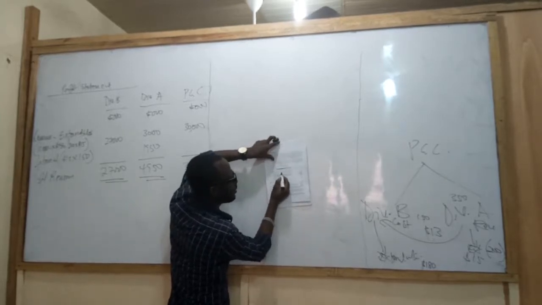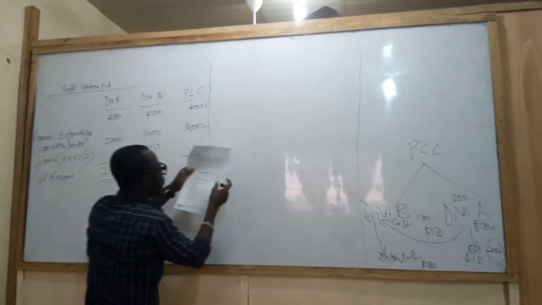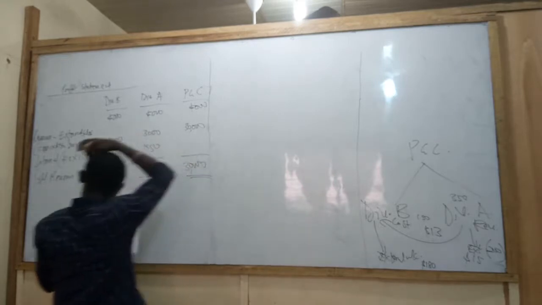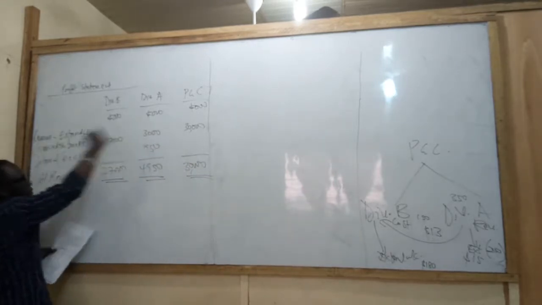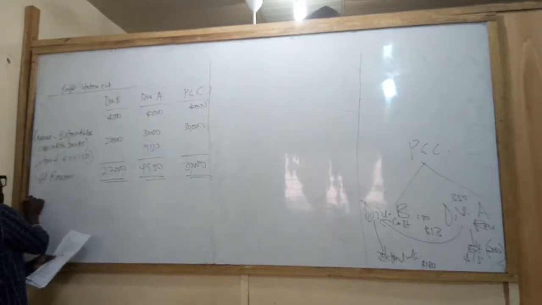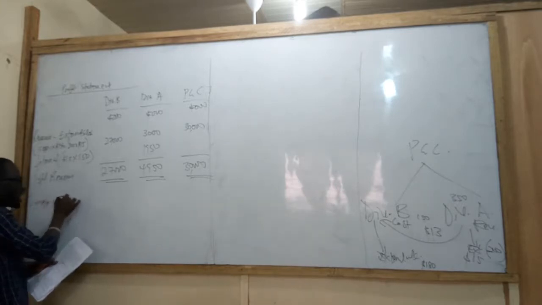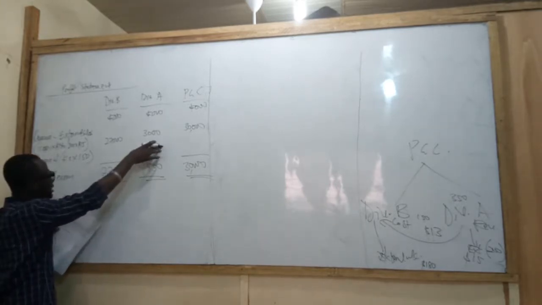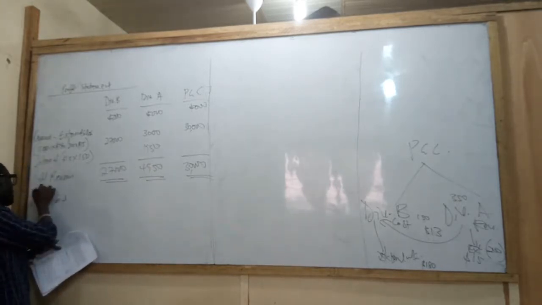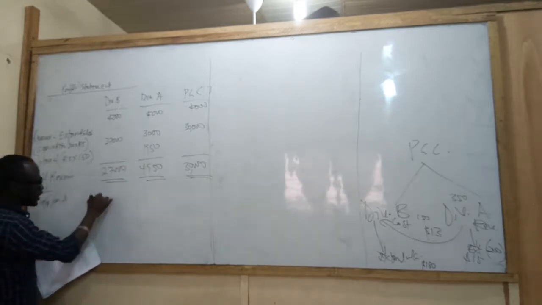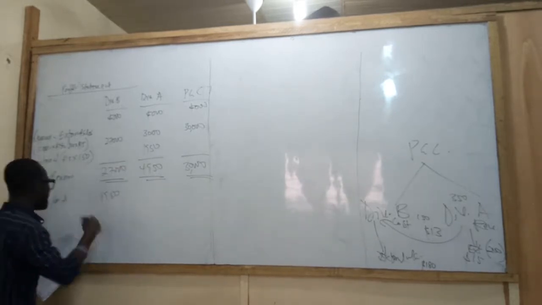So if each other material from external supplier, what is the cost there? But first, what they are buying from A. So purchases from A. So transfer from A. Follow me carefully. It will be a revenue for this guy, but it will be cost for this guy. So that's same figure, 1950.